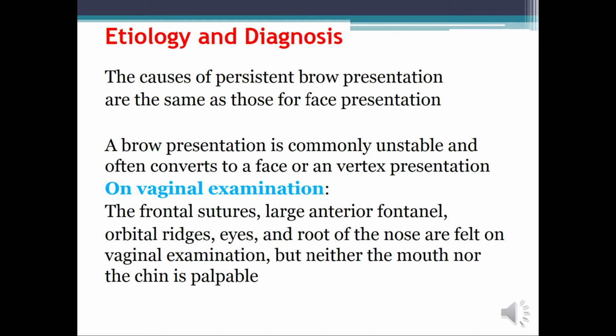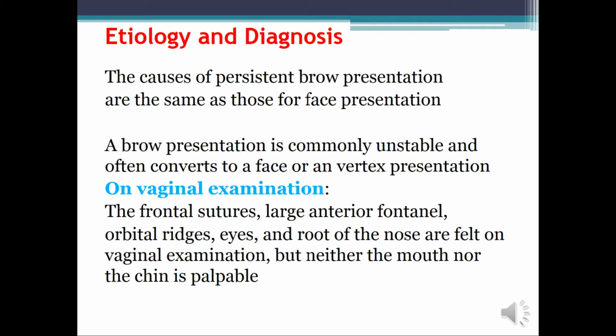Etiology and diagnosis. The causes of persistent brow presentation are the same as those for face presentation. A brow presentation is commonly unstable and often converts to a face or vertex presentation.